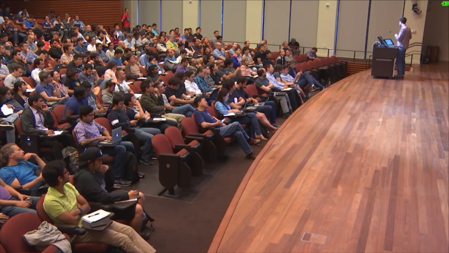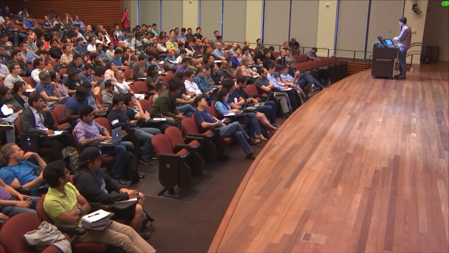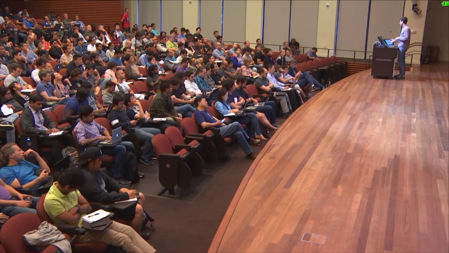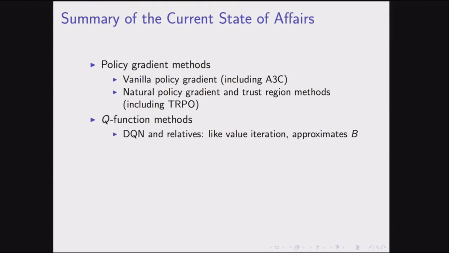So that's what we have in the policy gradient world. And in the Q function world, we have the DQN algorithm and some of its relatives. These are sort of descendants of value iteration, where you're approximating the Bellman backup using value iteration.